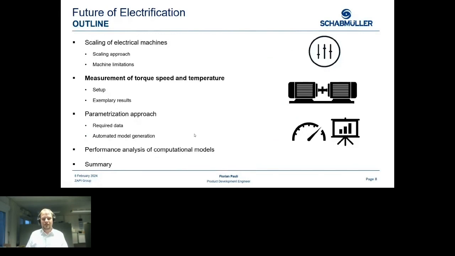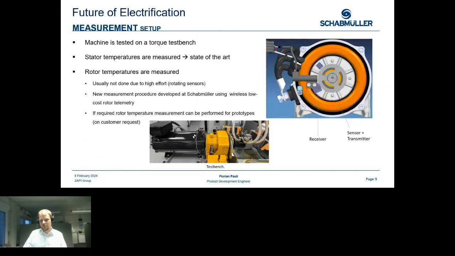So that's where we come to the next chapter, where we take a look at what we're doing to our machines on the test bench. When our machines are mounted on the test bench, it typically looks like that. That's a typical torque test bench where there's a load machine on the left and the device under test on the right.